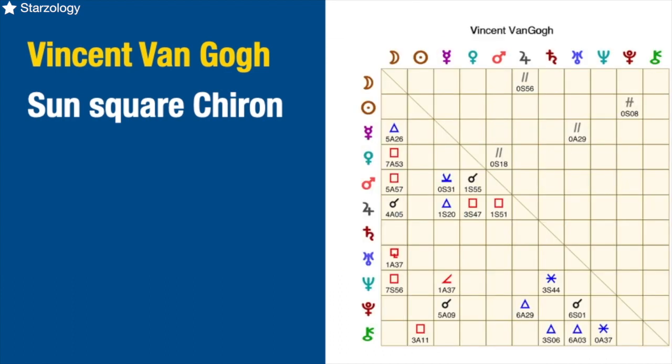When we display the aspectarian, you can see by looking down the second column, which has the Sun at the top, that you look down the Sun column to where it intersects with the Chiron row, and there we have the square. There are some little numbers underneath the square, which tell you about the aspect. The numbers written below are 3A11.